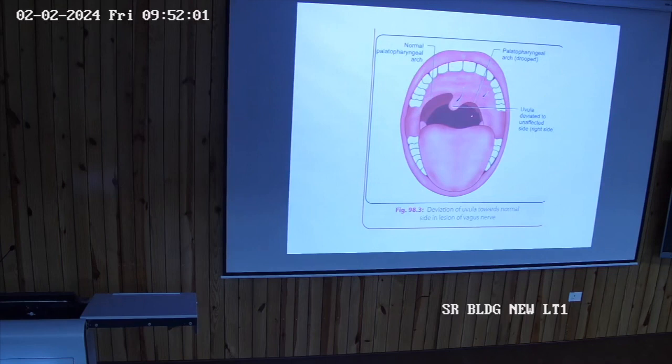You can see here, it is dropped. And at the same time, when the palatal arch is dropped on the paralyzed side, the uvula is deviated towards the normal side. This side the palatal arch is normal, so the uvula deviates towards the normal side. That is the way we test whether the vagus nerve is normal or not.